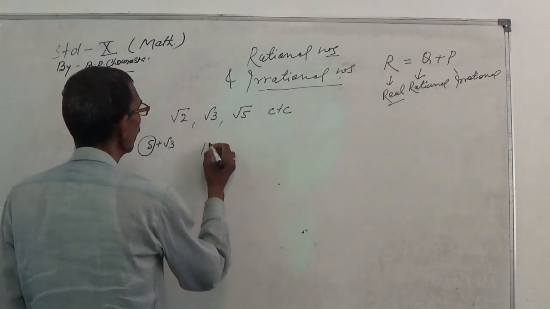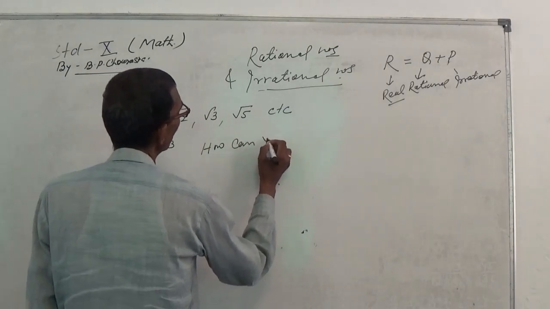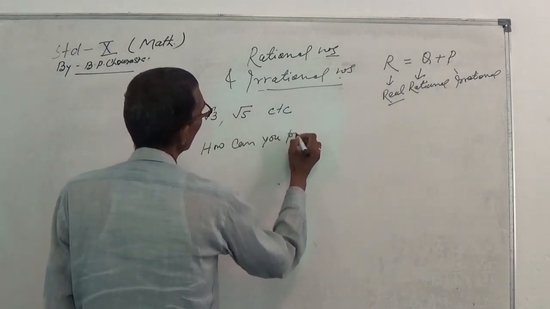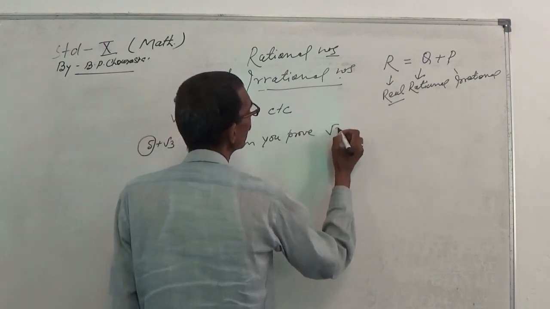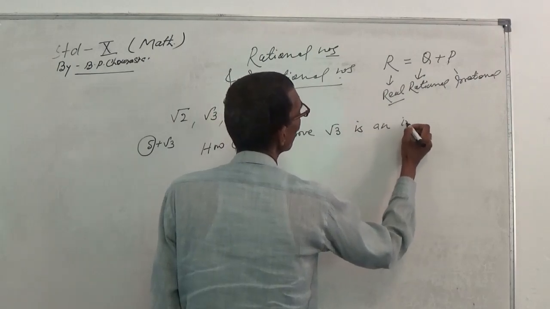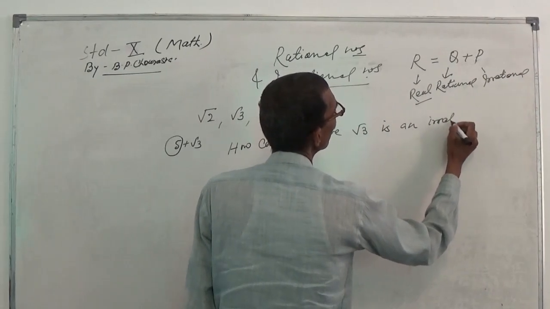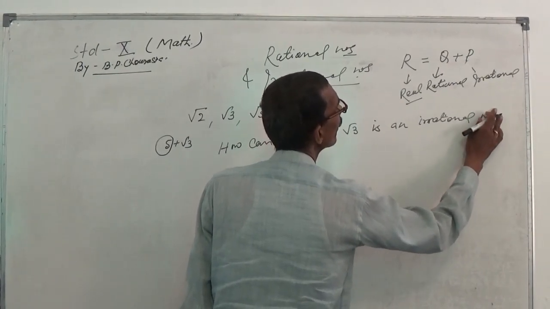Now how can you prove that root 3 is an irrational number?